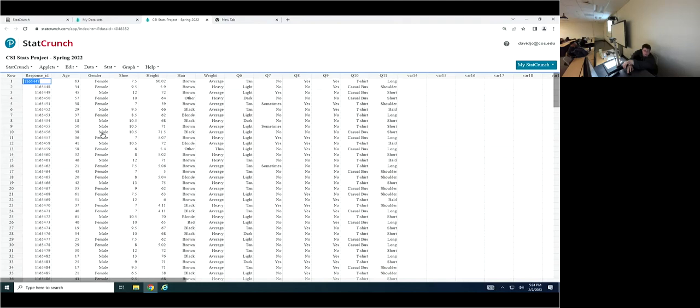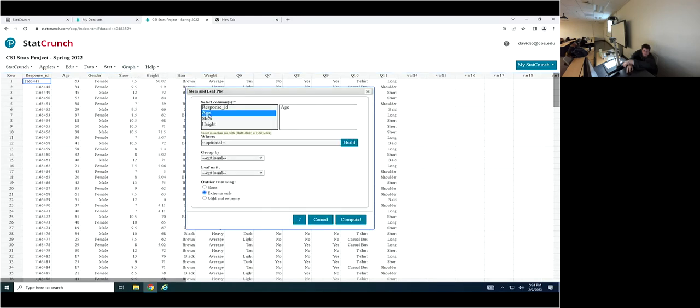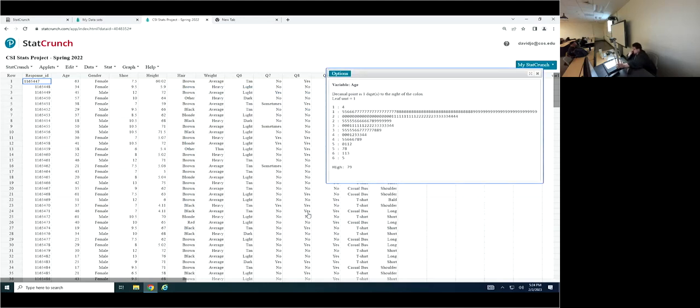All right, so let's see. I can do it on age. Let's see what happens when I do the stem and leaf plot on age here. Wow, a 14-year-old signed up on this. Look at that second line for 1.